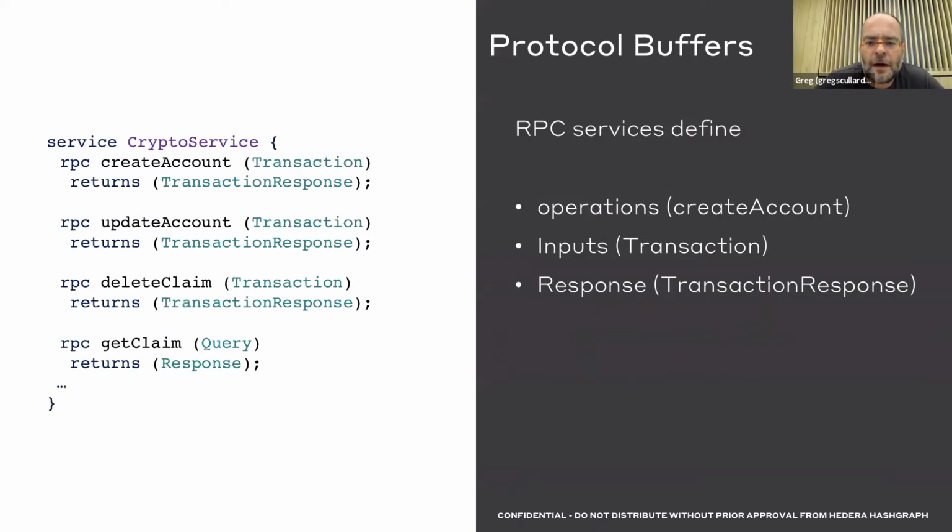The RPC service, or gRPC, defines operations and request response patterns. So if we look at the crypto service, there's an RPC create account, which takes in a transaction and returns a transaction response. An update account takes in a transaction and returns a transaction response. A query or get claim takes in a query and returns a response, and so on and so forth.